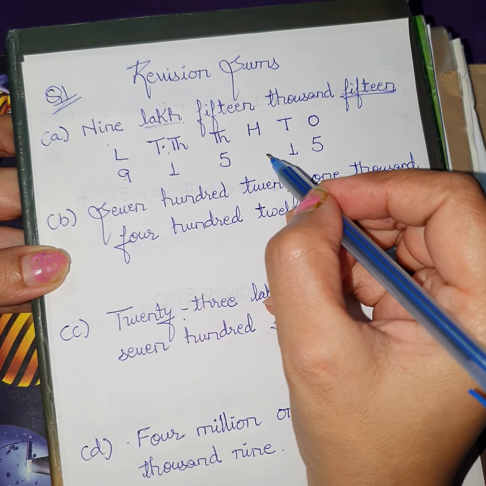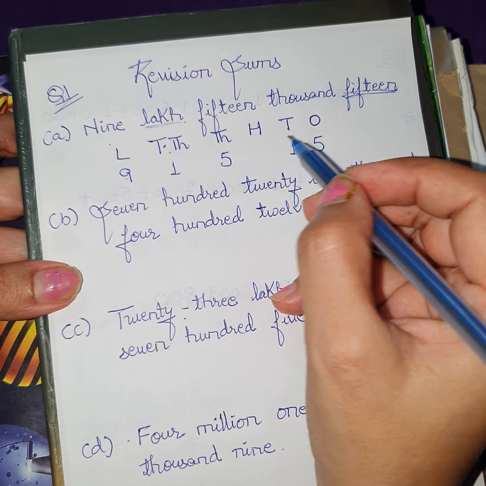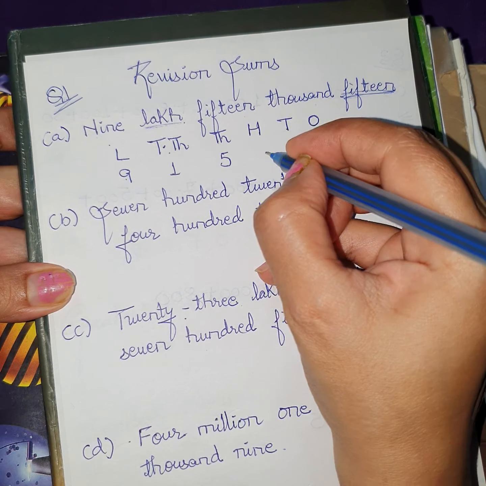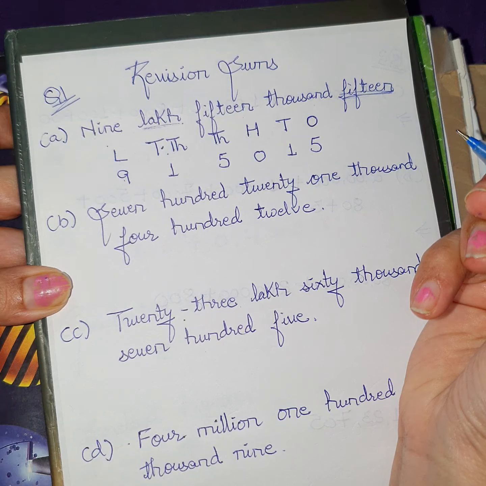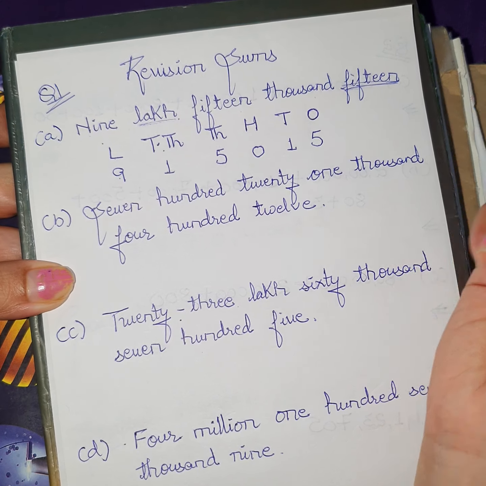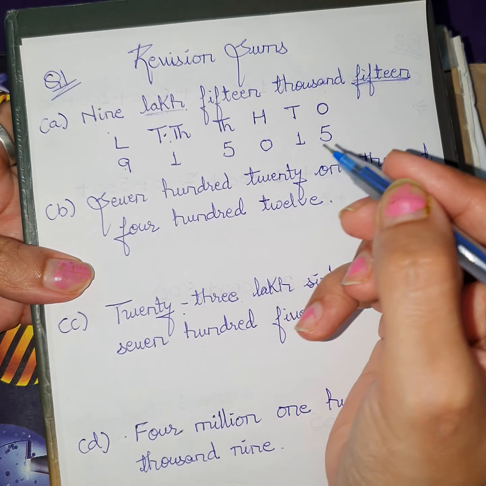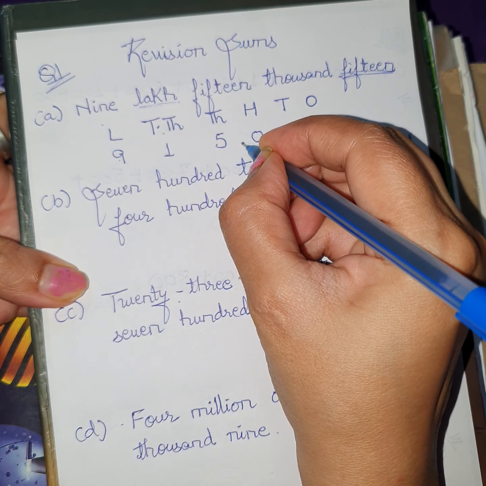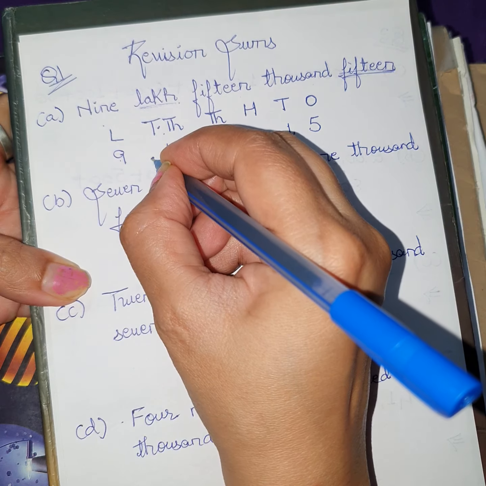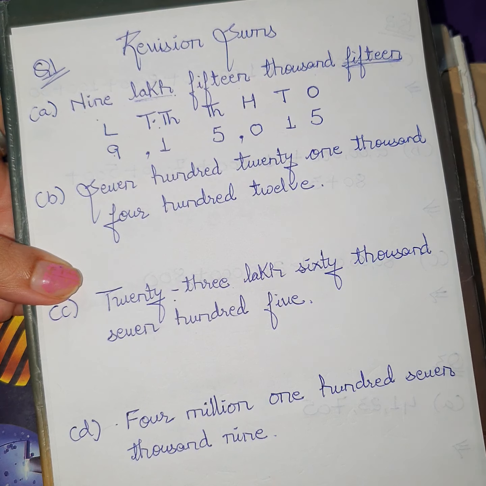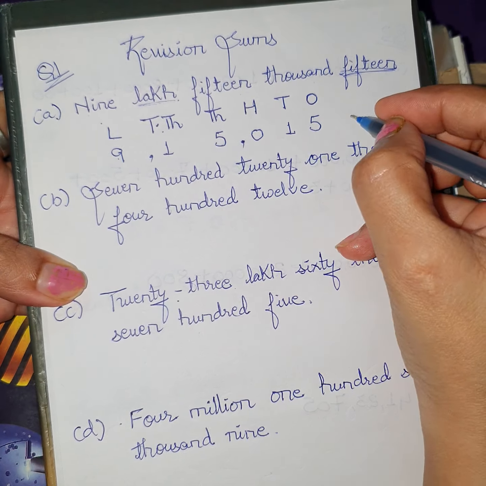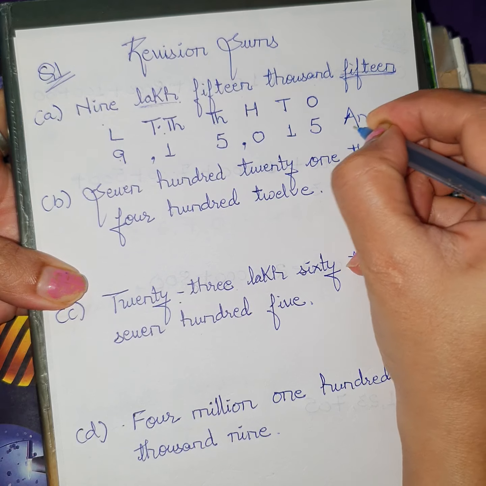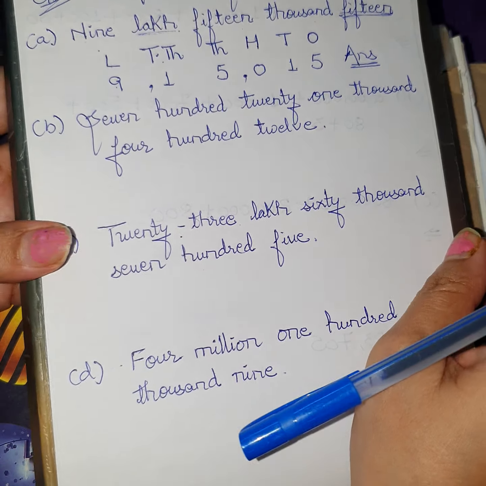There is no information regarding hundreds place, and if there is no information, we put 0 there. So 0 will come in hundreds place, and after this you put the comma as per the Indian system: before 3 digits from the back and then before 2 digits. So the answer is 9,15,015. Like this we can write it in numeral.